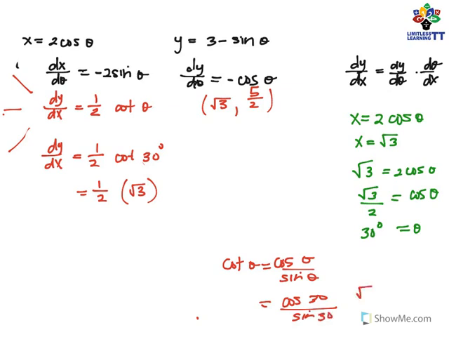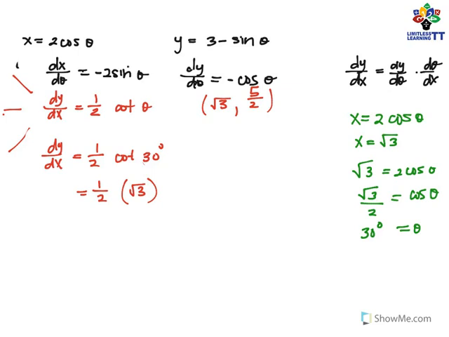Cos 30 degrees is the square root of 3 over 2 divided by sine 30 degrees, which is 1/2. When you divide these two, you get square root of 3 over 2 multiplied by 2 over 1. The 2s cancel and you're left with square root of 3 over 1. So if you didn't know the value off the top of your head, you can also find it.